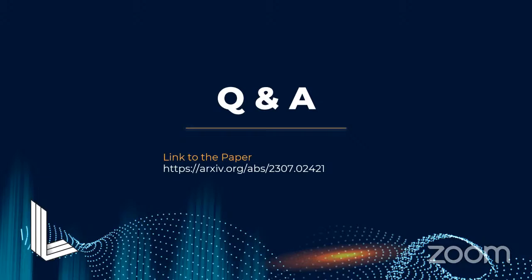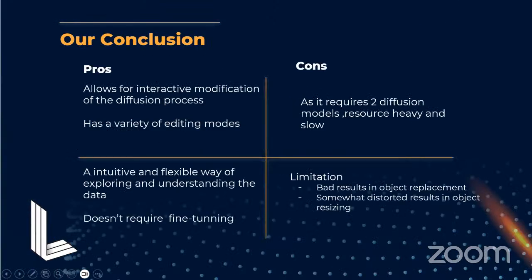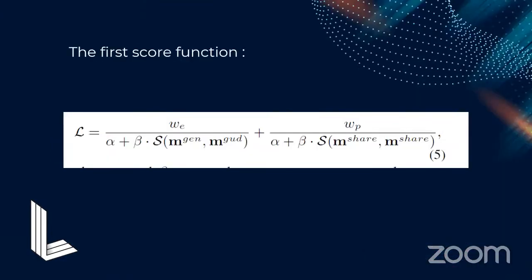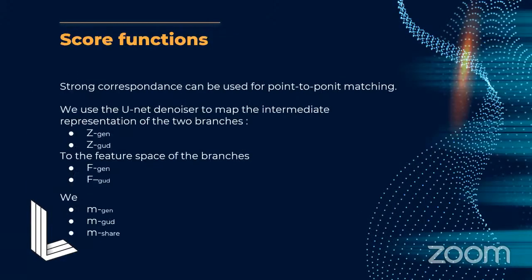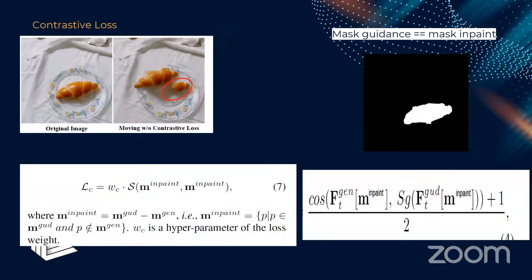Hi, can you hear me? Yeah, I can hear you. So I wanted to ask in the contrastive loss section, how does the model account for the location of the original object if part of the original object is still there? I'm sorry, I didn't hear your question correctly.